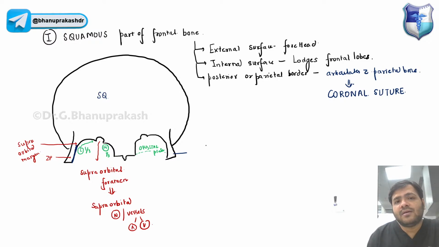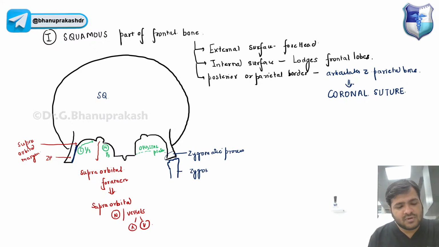The tip of the zygomatic process of the frontal bone will be articulating with the zygomatic bone. It will be articulating with the zygomatic bone, right? That is something you already know.